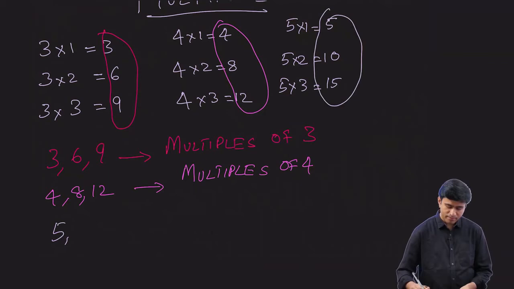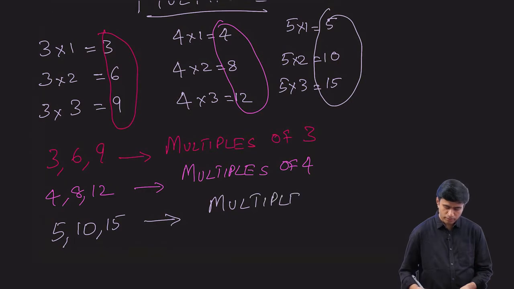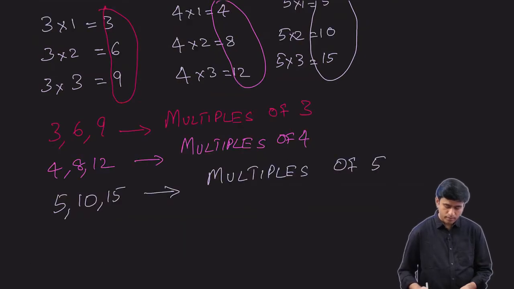That's right. 5, 10 and 15 are multiples of 5. 3, 6, 9 are multiples of 3. But as you can see, we can have many more numbers. All the numbers in the 3 table are multiples of 3 and so on, even for 4, even for 5.